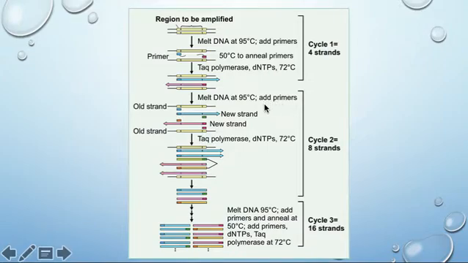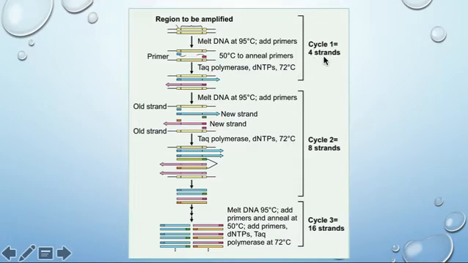So this is the old DNA strand. This is the newly synthesized DNA strand. As you can see, it is longer than the complementary strand. So because of this, the newly synthesized DNA strands, which are the long and the short strands, act as a template for the next cycle of the PCR technique. So then after this is the first cycle.